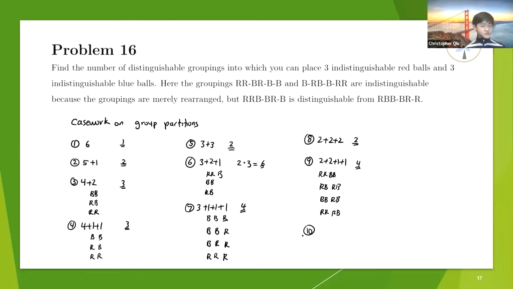And our second to last case is if we have 1 group with size 2 and then 4 groups of size 1.